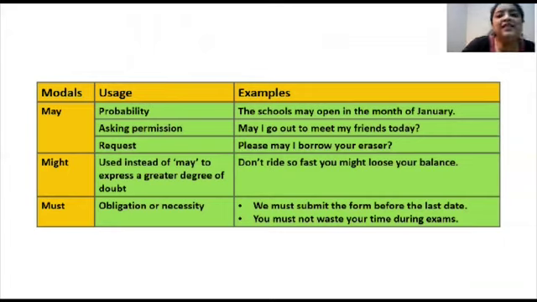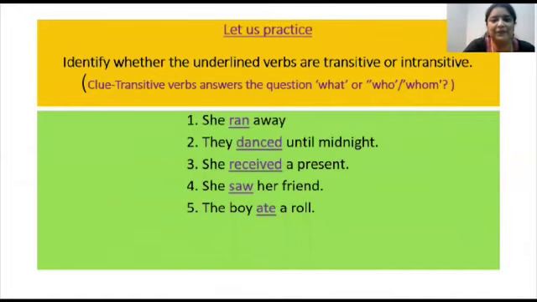So children, with this, we come to the end of our chapter Finite Verbs. To test whether we have understood the concept of finite verb or not, let us test ourselves. Here we have an exercise which says identify whether the underlined verbs are transitive or intransitive.